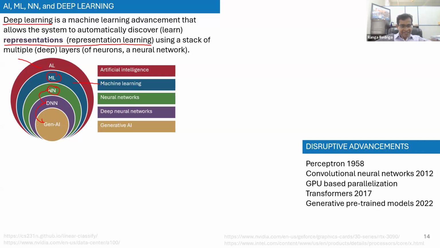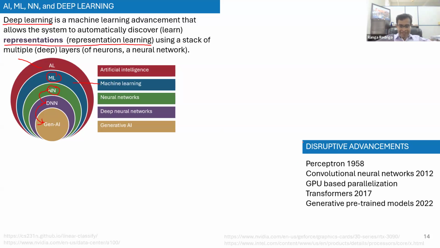Generative AI means you learn the underlying probability density function of the data distribution. I will show you examples of this later. When you learn the underlying probability density function of the data distribution, we call it generative learning. So this is the landscape of AI, ML, neural networks, deep neural networks, and generative AI. Any questions about this? Is this clear? I hope it is clear.